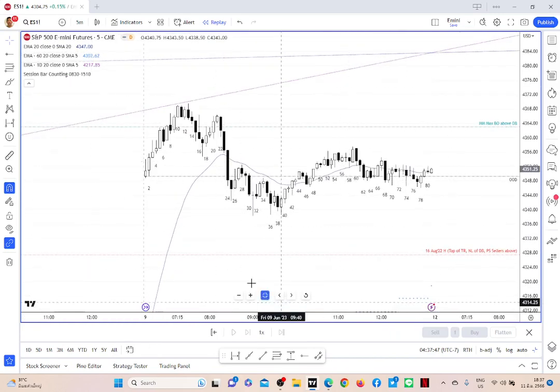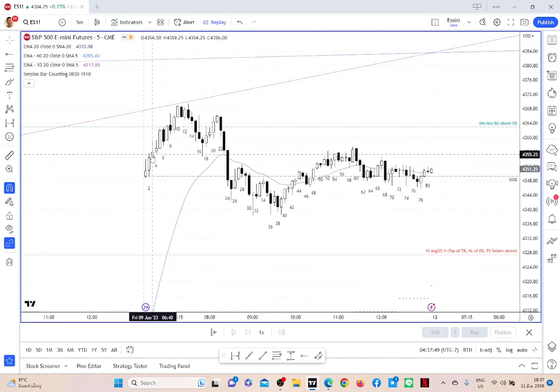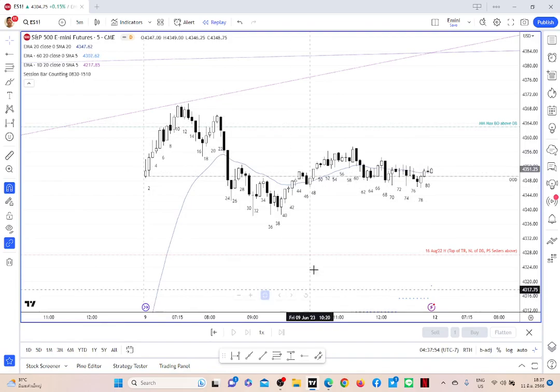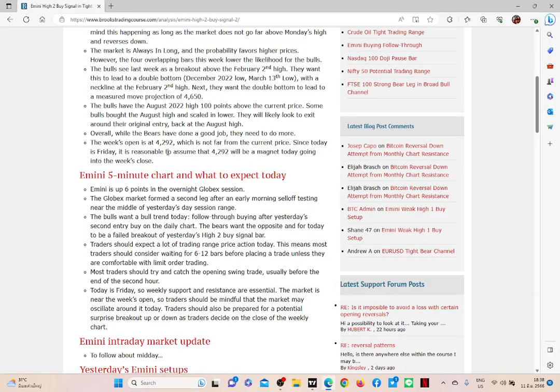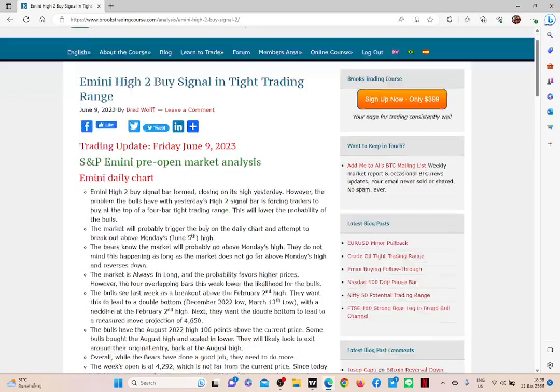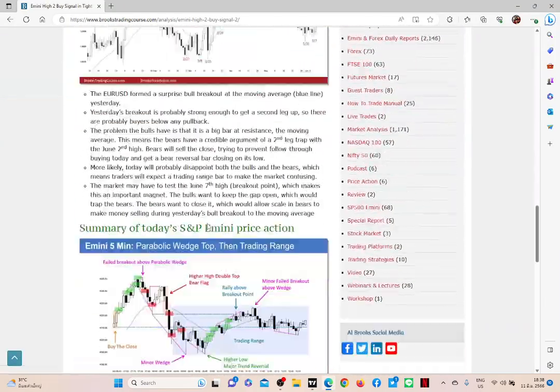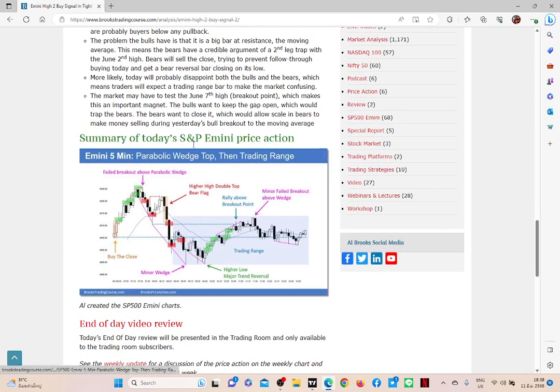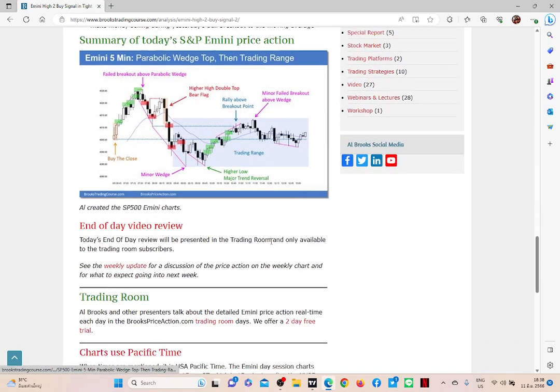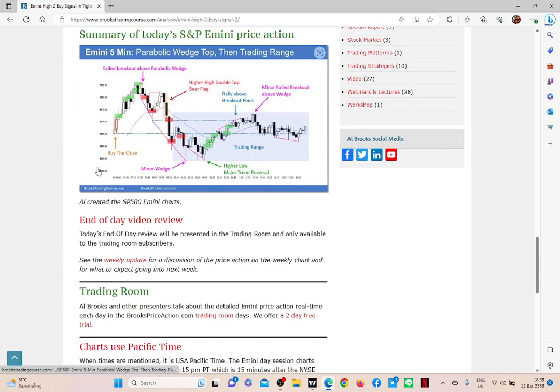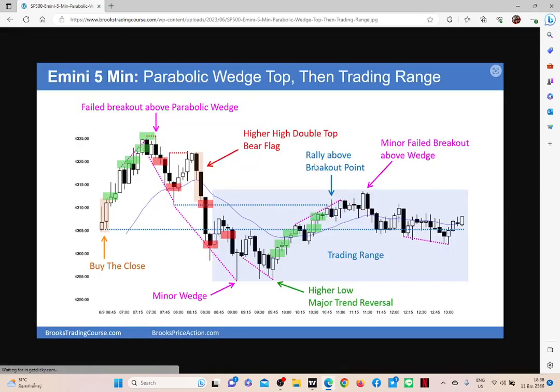Again, when you choose to go long or short at the high or low of any bar, you write it down on your paper and come back here to Brooks Trading Course and go to the summary of today's S&P Emini price action. Here the chart was created by Al Brooks, and you click here and you see the green is the buy setup.